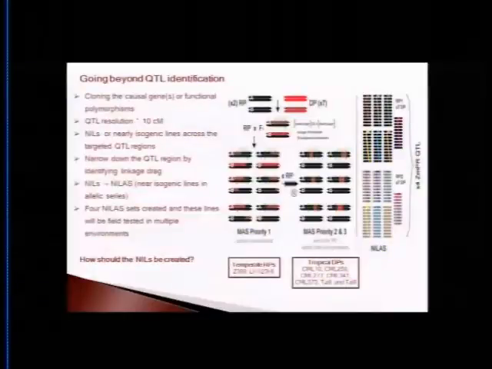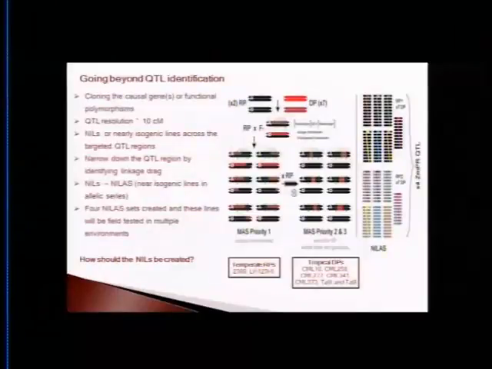I'm saying as large as because these regions usually contain many genes and require substantial follow-up work. Nearly isogenic lines, or NILs, can be created across the targeted QTL regions to further narrow down the trait-linked region or fine map these QTLs.